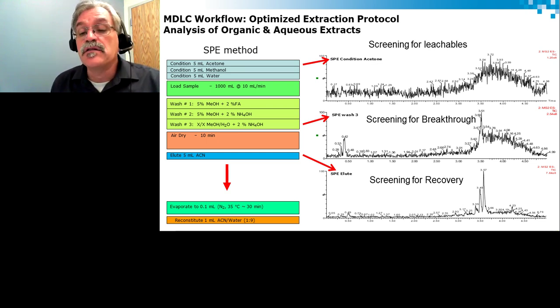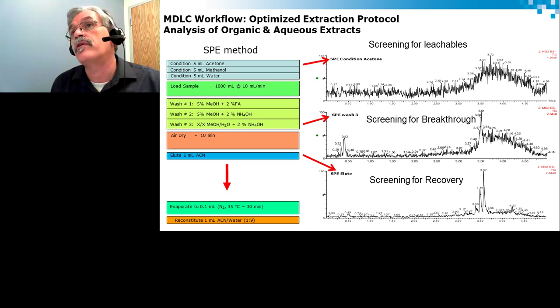Then I can take, in this case, two streams. I can take directly the final elution and see if my compound of interest is in there, and also look at the final aqueous and look at the difference between an aqueous injection versus an organic extract.